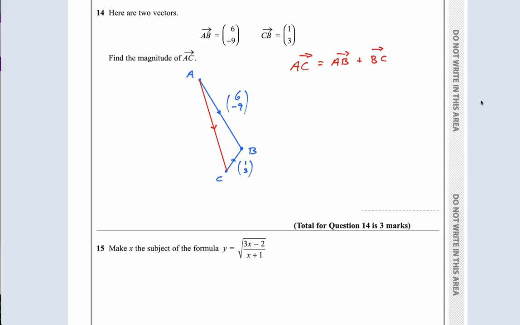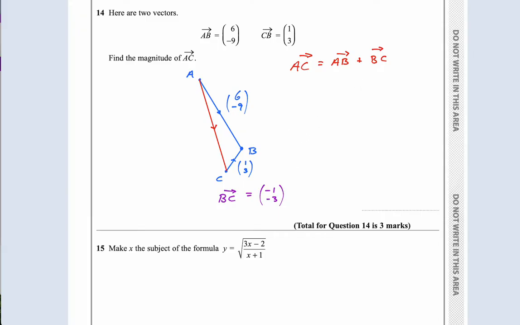So I'm just going to, at the side down here, say BC is equal to (-1, -3). If CB is (1, 3), then BC is (-1, -3). Remember, our vector going the opposite direction will have the opposite sign.